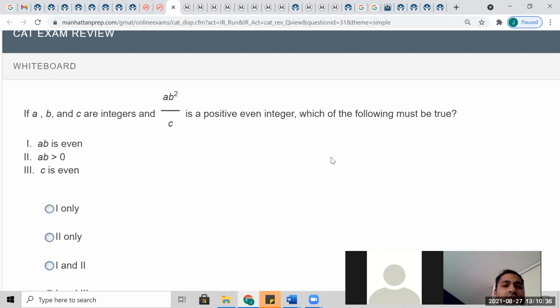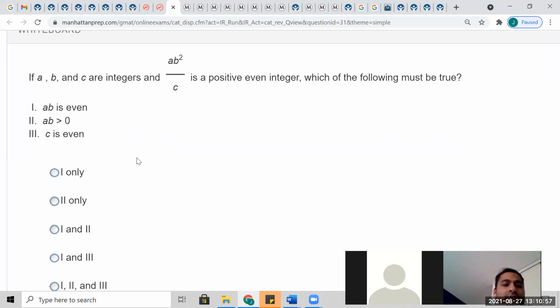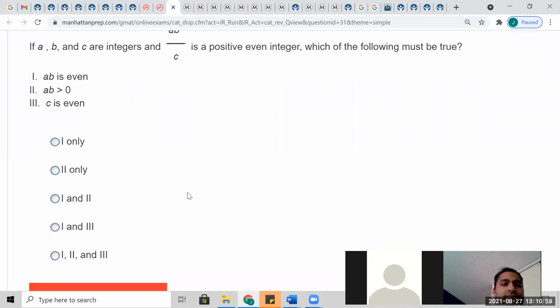C is 0. Not necessarily. A, B is even. A, B is greater than 0. Okay, interesting. So what are the options? 1, 2 only. Can you just scroll down? 1, 2, and 3. All right.